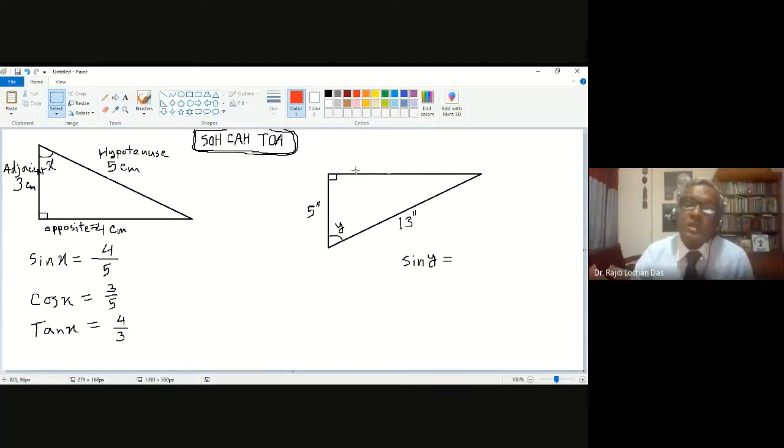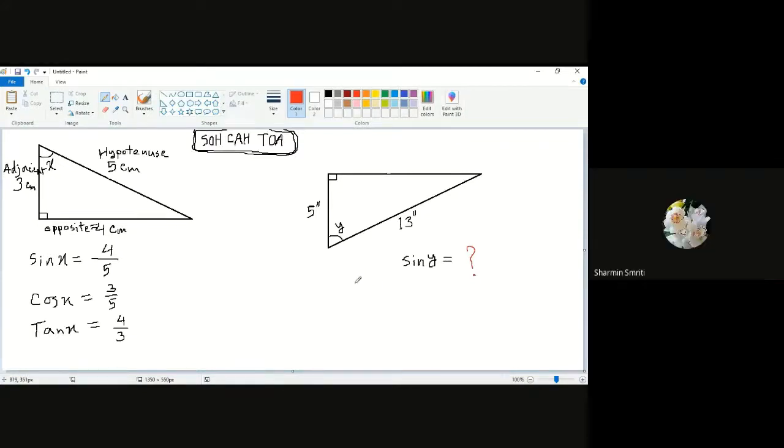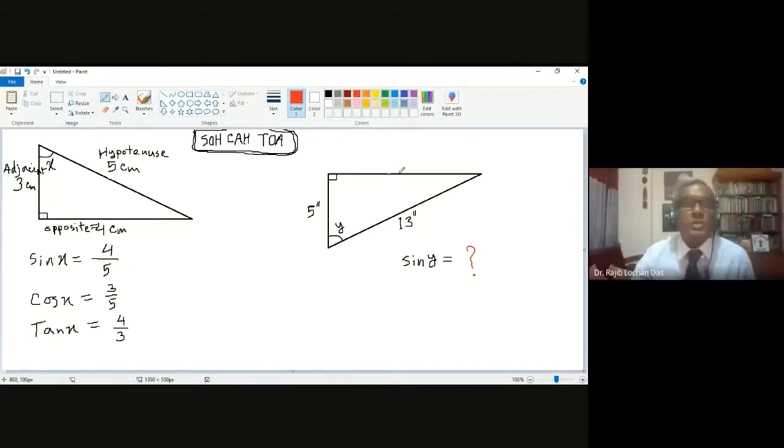This is the triangle given, one side is 5, one side is 13, and I am asking what is sine y. At first, sir, we do the Pythagoras formula, then we find. Exactly. So this is the point I am discussing now.